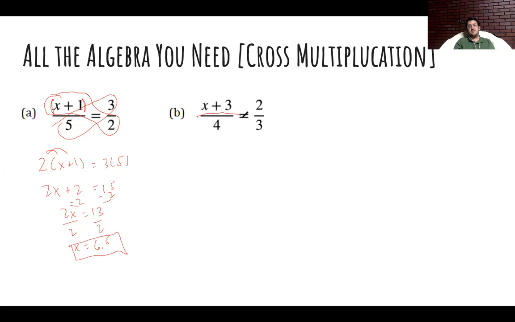And then on this one, I'm just going to do the same type of deal. So I'm going to do 3 times x plus 3, and then I got 2 times 4, which is 8. I'm going to get 3x plus 9 equals 8.